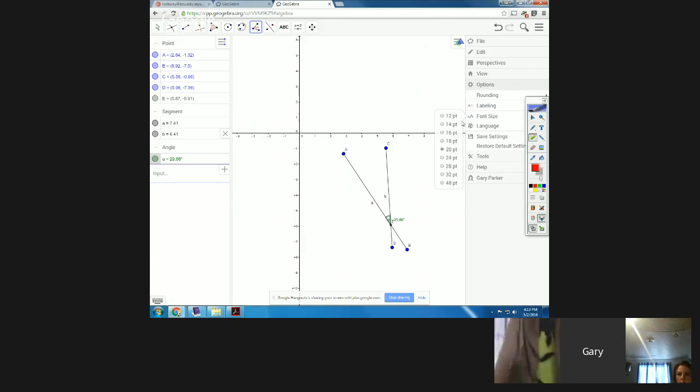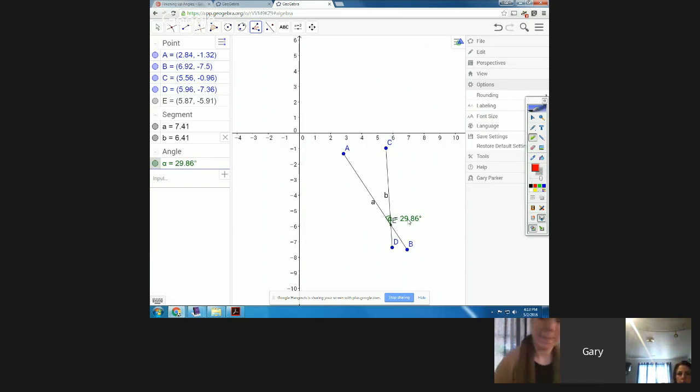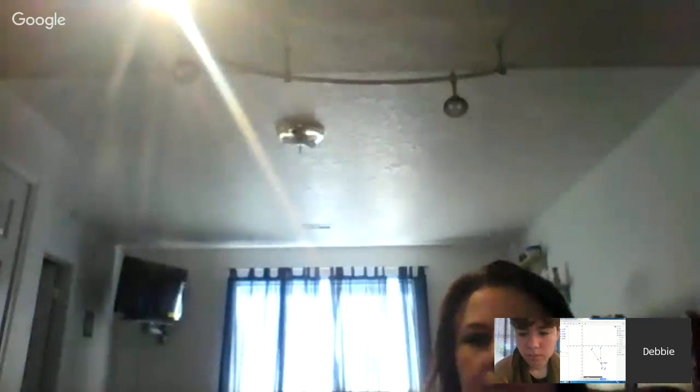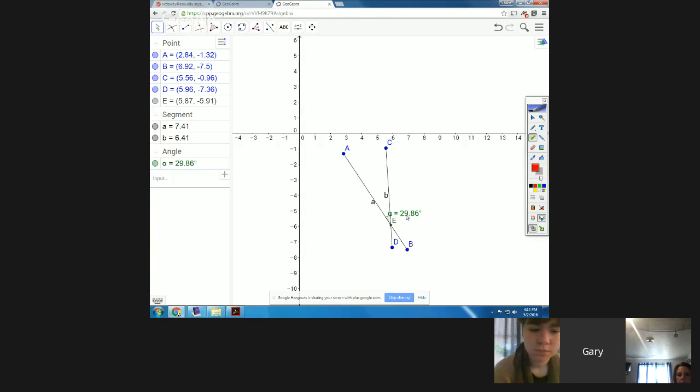Options, font size, 24. Is that visible out there, Debbie and Kelly? Yes. Okay. So it says that angle right here is 29.86-ish degrees, and then I can try to do the same angle measure down here. And in GeoGebra you have to go clockwise with the central point in the middle of the click. And it says, yeah, that one's 29.86 too.